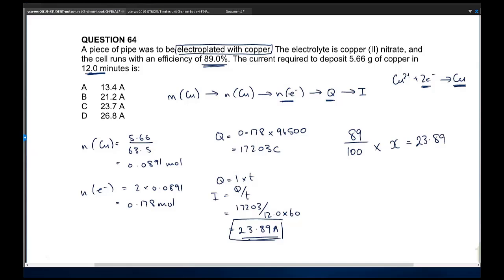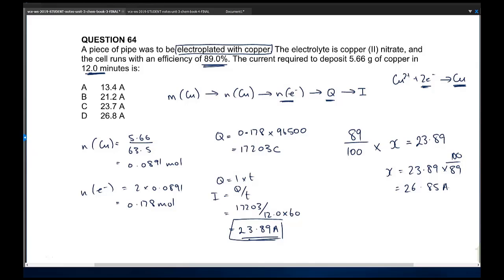Happy? Right, so then when you rearrange it, you get 23.89 times 100 divided by 89. And then you'll get 26.85 amps.